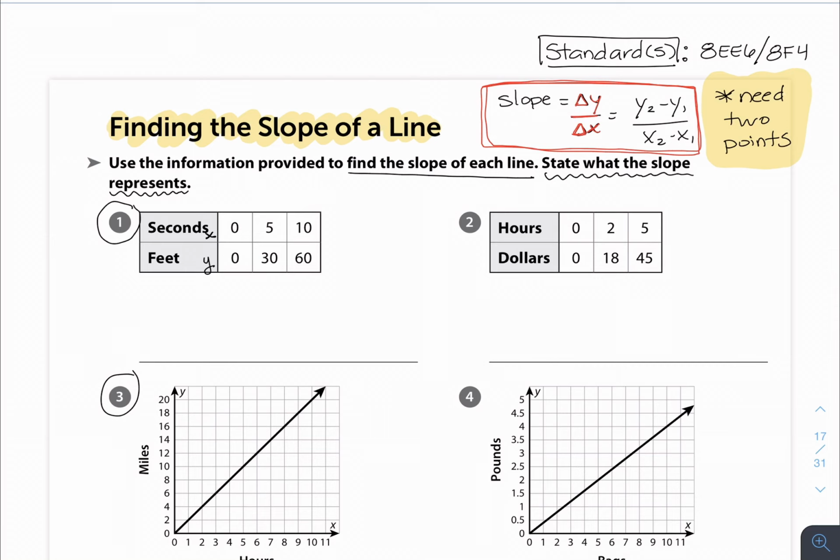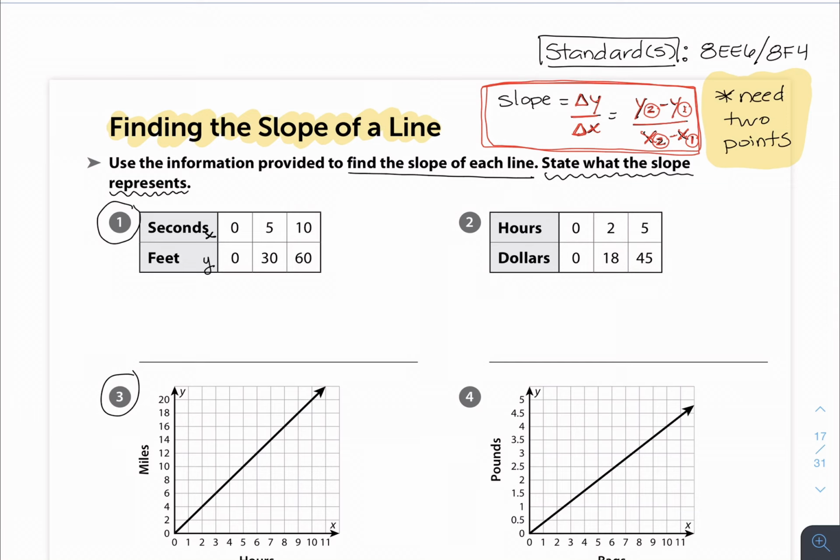Or you could use the slope formula, which is y2 minus y1 over x2 minus x1, right? And those little subscript numbers, that's the small numbers on the bottom right, that means your second y coordinate minus your first y coordinate divided by your second x coordinate minus your first x coordinate.